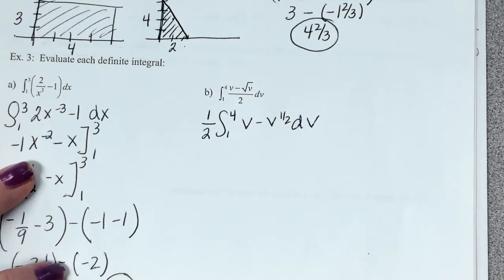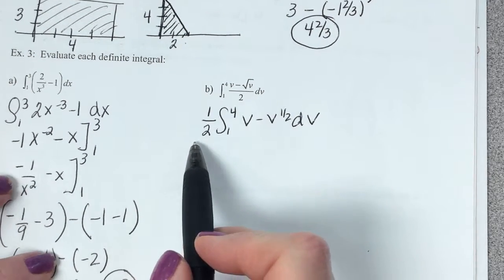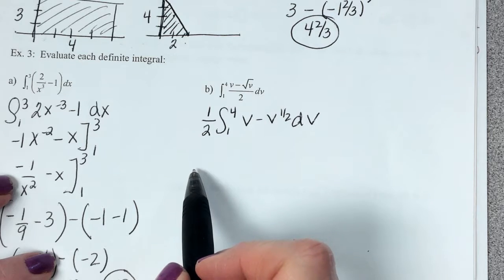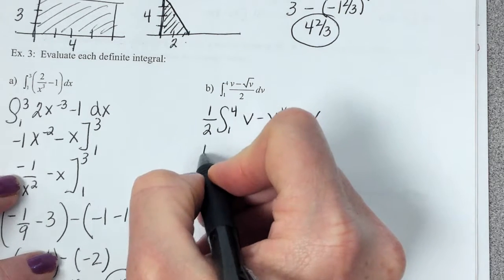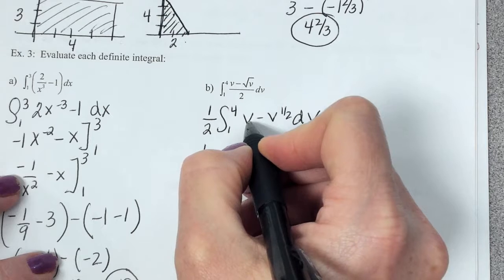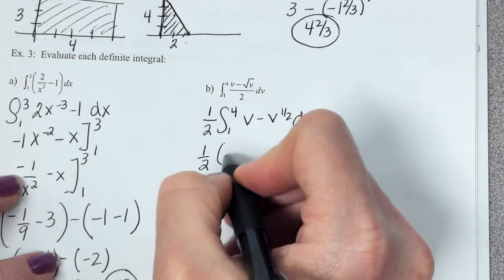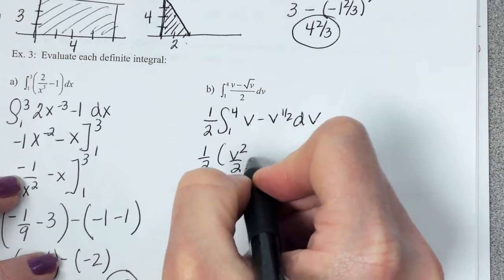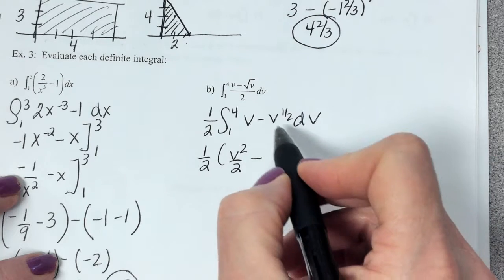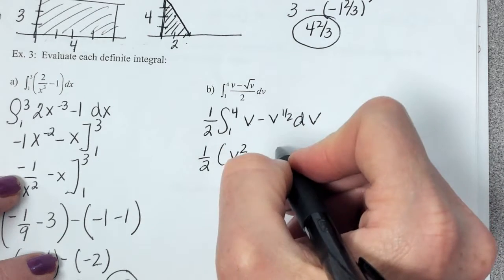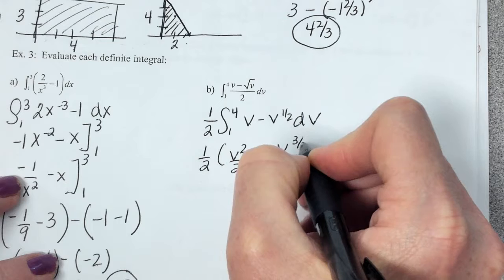So I'm not even going to worry about this fraction until I get to the very, very end of my problem. So I have 1/2. Integrating the v, I'm going to get v squared over 2. Integrating v to the 1/2, I'm going to get v to the 3/2.